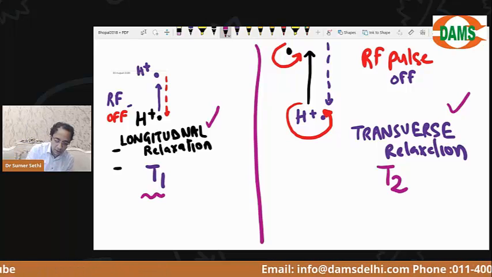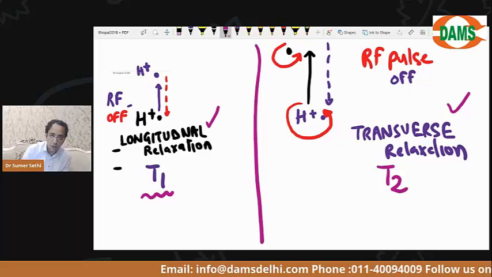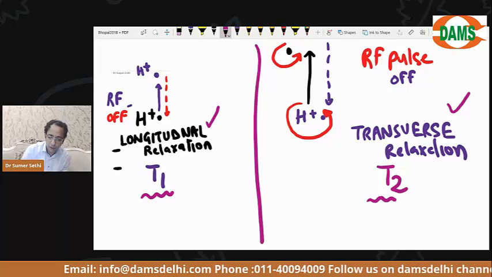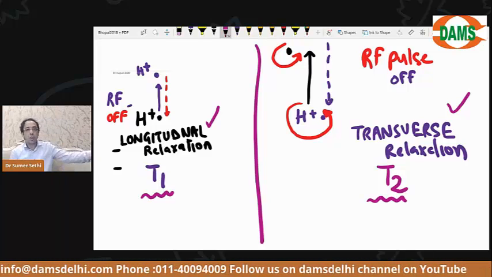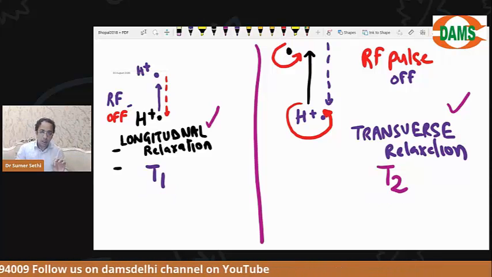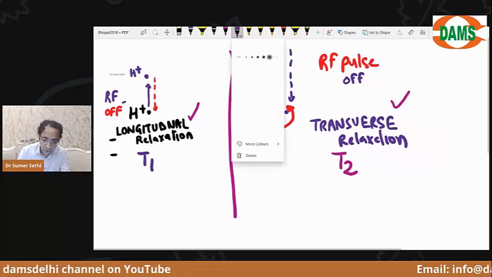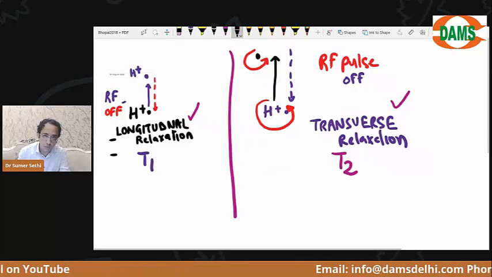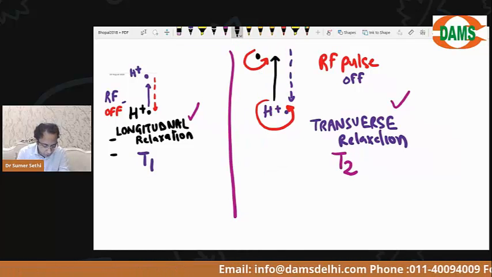Longitudinal relaxation happens in the time T1, which is a constant for every tissue. That means each tissue will have its own T1 relaxation time and its own T2 relaxation time. Now try and understand, this is something you will hear a lot in your medicine and surgery books.